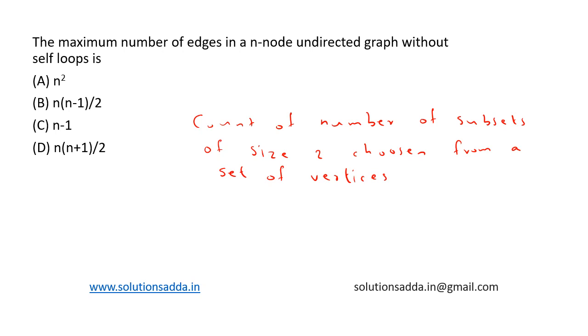As we have n vertices, this is exactly equal to the binomial coefficient C of n comma 2, which is equal to nC2, which is equal to n factorial divided by 2 factorial into n minus 2 the whole factorial, which is again equal to n into n minus 1 by 2. So the correct answer is option B, n into n minus 1 by 2.